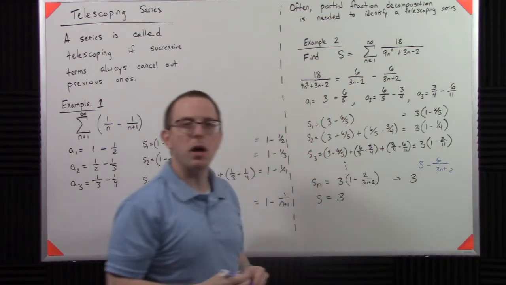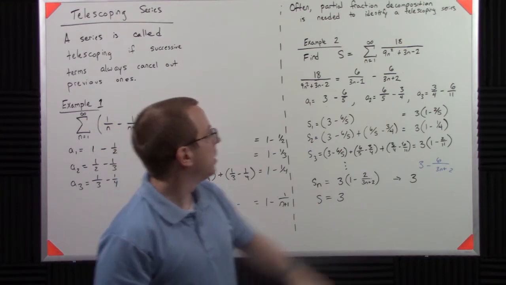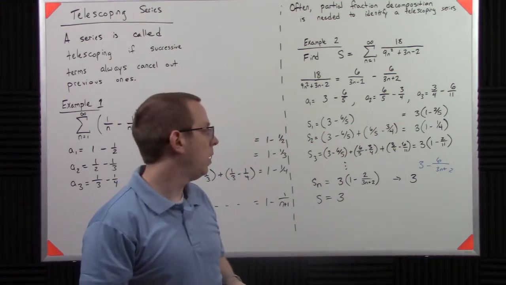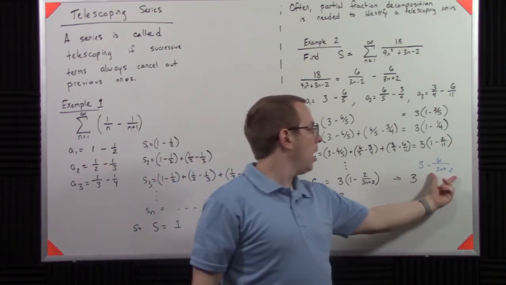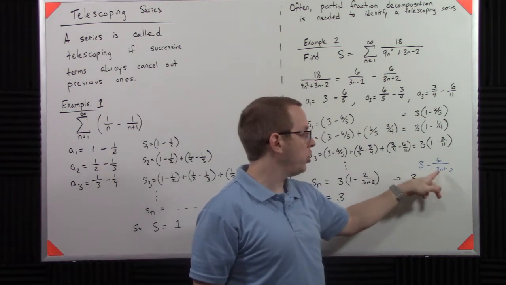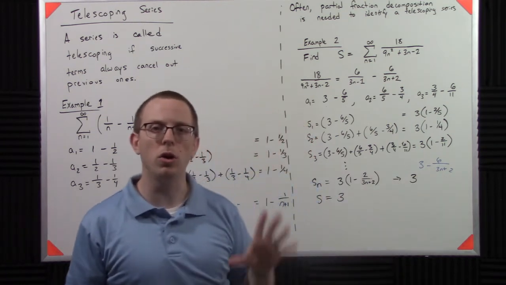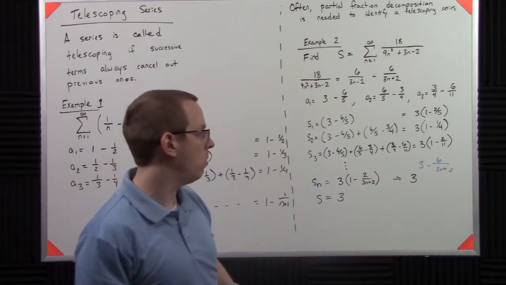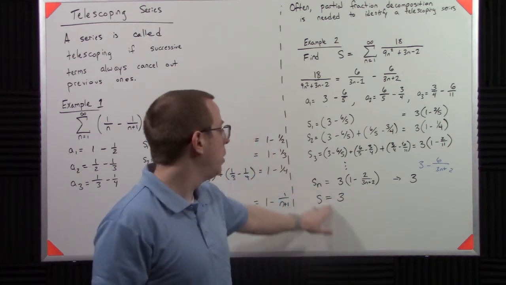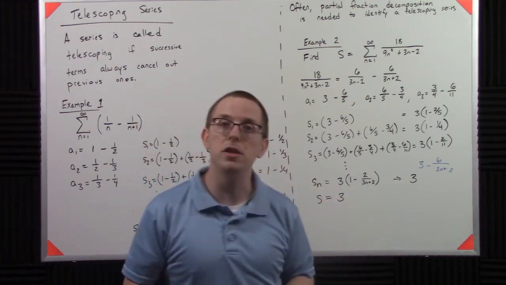The reason you might like that better is that then it's just that nth term. So all I have to do when I take n to infinity is look at this fraction. Clearly as n gets large, that fraction shrinks to 0. So the limit of the partial sums goes to 3, and the sum of the convergent series is 3.